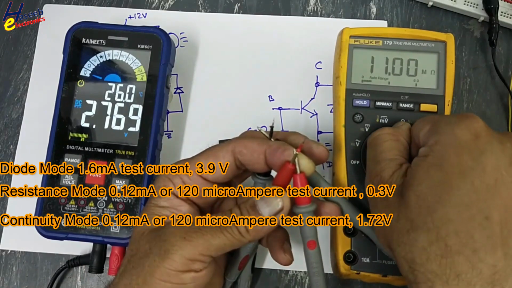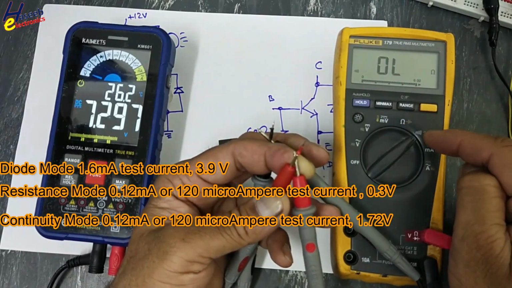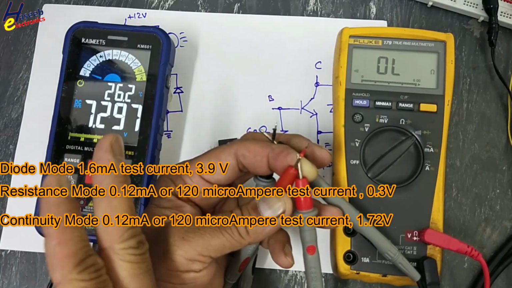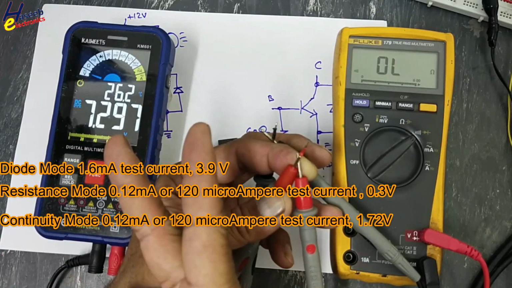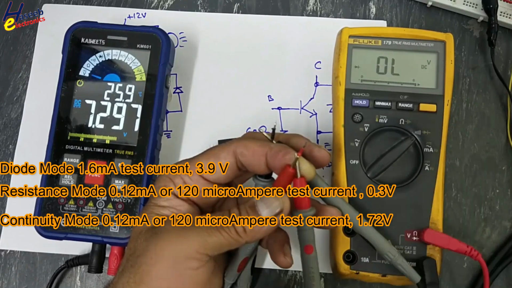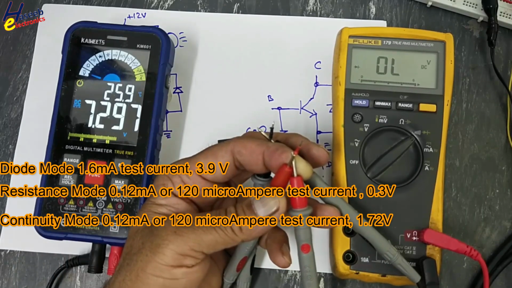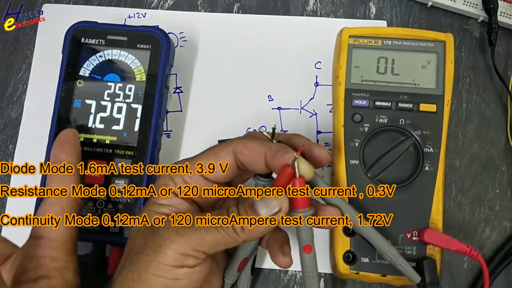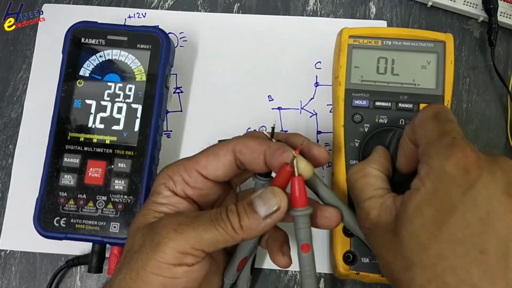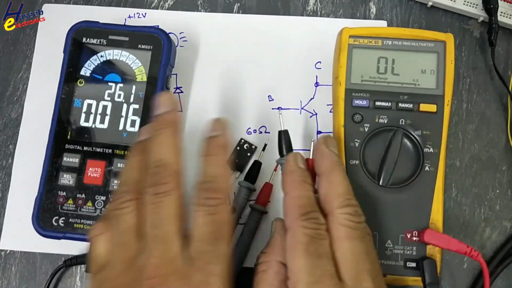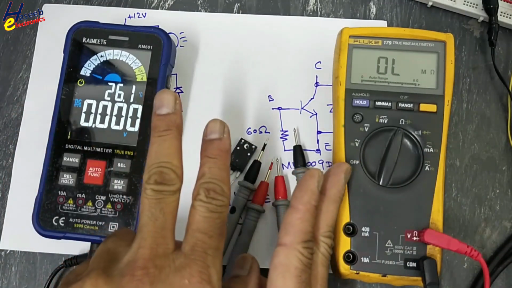We will check current as well. For continuity, it is using 7.2 volt. Now there is a difference. For diode mode, 7.2, the same. Continuity and diode use 7.2 volt. But for resistance, 2.7 volt. So this is the difference in both multimeters.